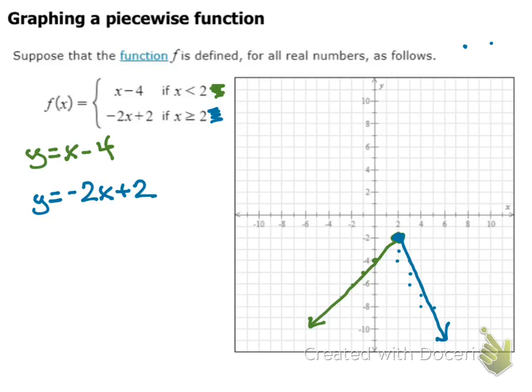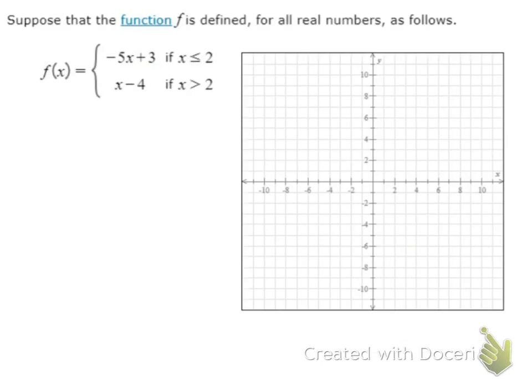In both cases, notice that what we did was we figured out what was happening at the boundary, and then we used our slope to figure out the rest. Here, again, we have a boundary of 2. Our first one at 2: if x is 2, we would have -5 times 2 plus 3, so -10 plus 3, so -7. That gives me the ordered pair 2, -7.